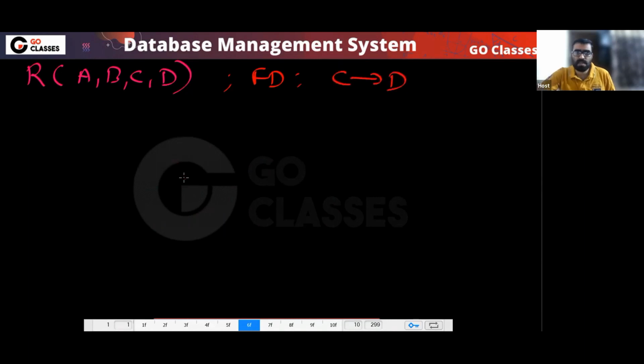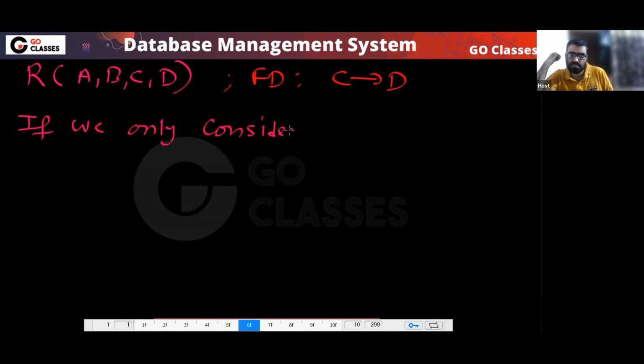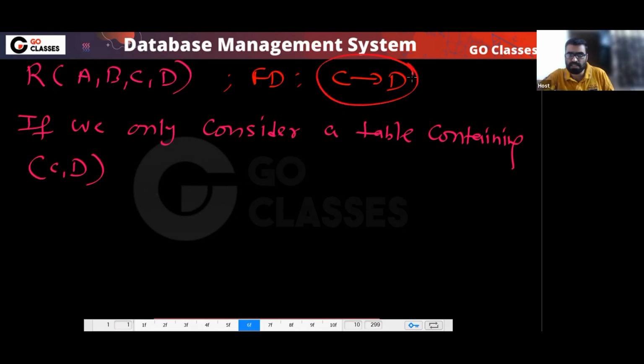Now you can notice that. Let us assume, if you only take C comma D, if we only consider a table containing C comma D, not all these other things, only these two.